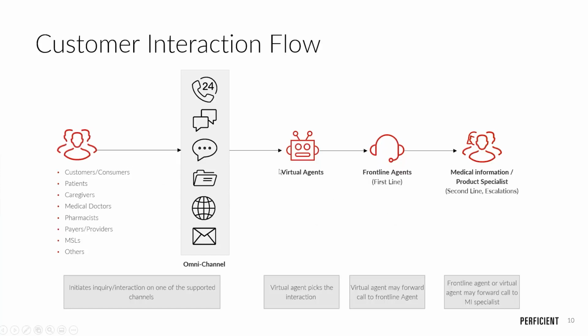During the conversation, the caller could be a consumer or an HCP, and if it detects any product quality complaints or adverse events, then there would be corresponding integrations with the product quality system or your safety system to send those details for further follow-up.